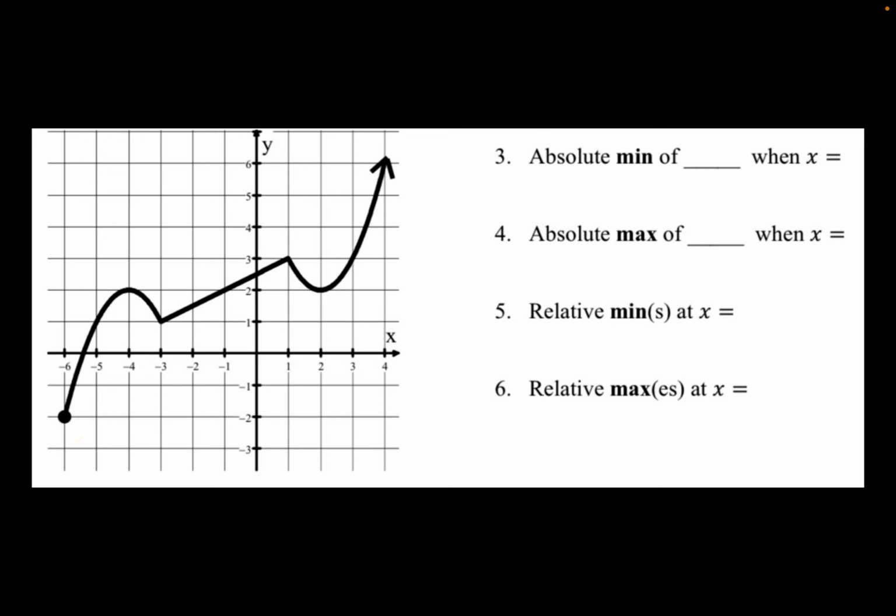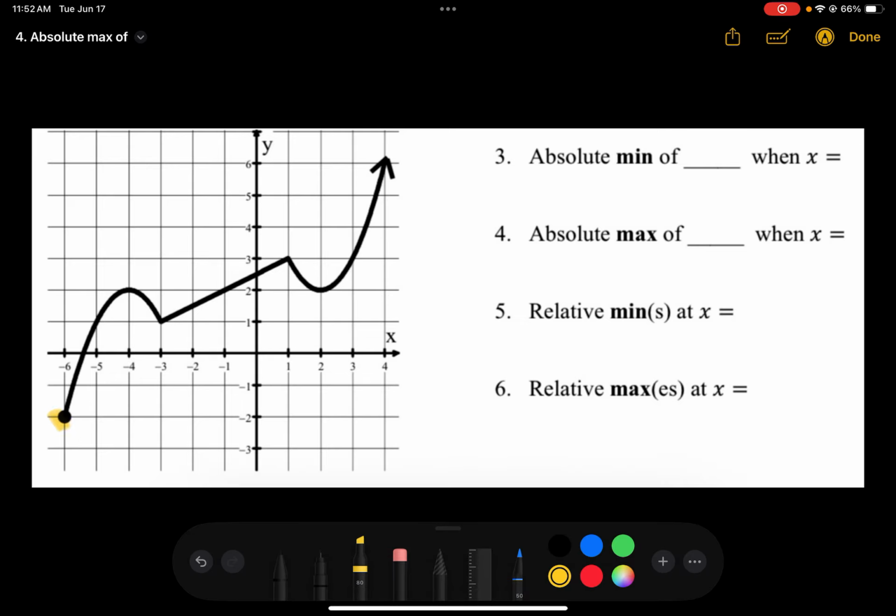The highest point of the graph. So in this case, the absolute minimum is right here, because it's the lowest point of the graph. And so right here you can literally just write that the absolute min of -2 is when x is -6.